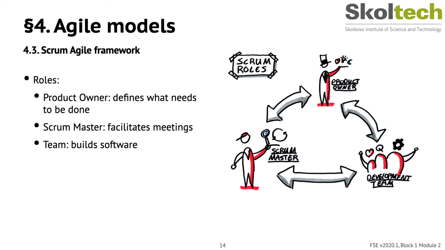There's the Scrum Master who basically oversees the development process, and you may view him as a kind of project manager, but his role is a little bit different. He oversees the Scrum methodology for this particular project and tries to improve the processes of the team. And there's the development team that actually builds software.